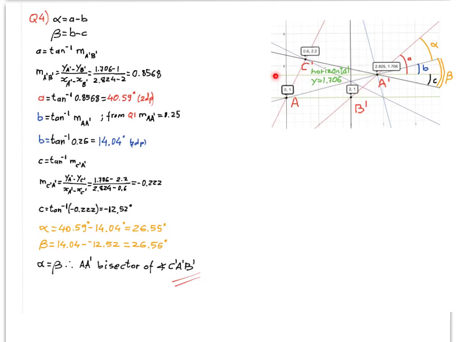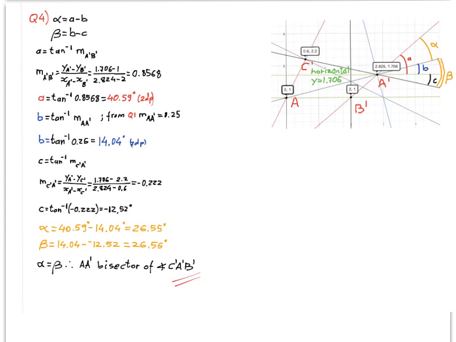I've also drawn a horizontal line here which goes through the point of intersection, which is A, and has the coordinates 2.824 and 1.706. That horizontal has an equation y equals 1.706 because it's parallel to the x-axis.